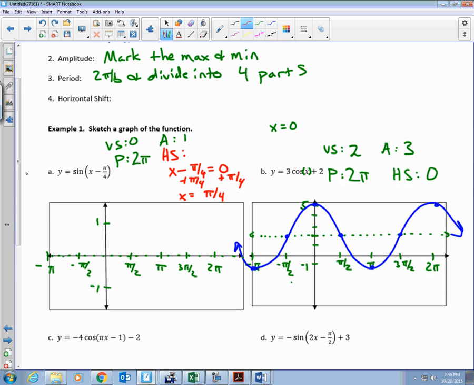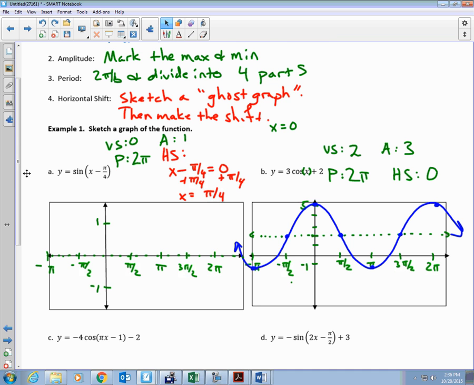What we do is sketch a ghost graph. Then make the shift. A lot of people struggle with the horizontal shift. So we're going to sketch a ghost graph first, and then we're going to make the shift. And I'll show you what a ghost graph is.